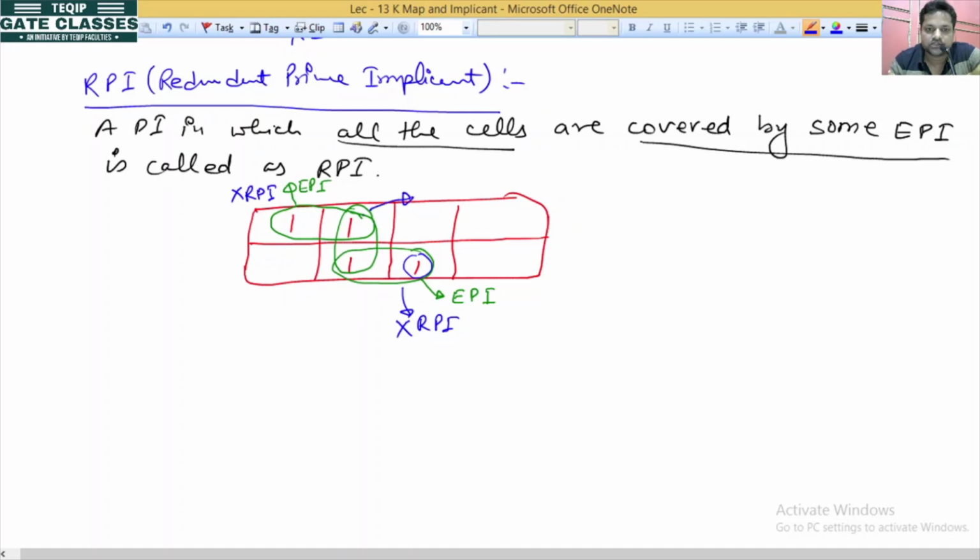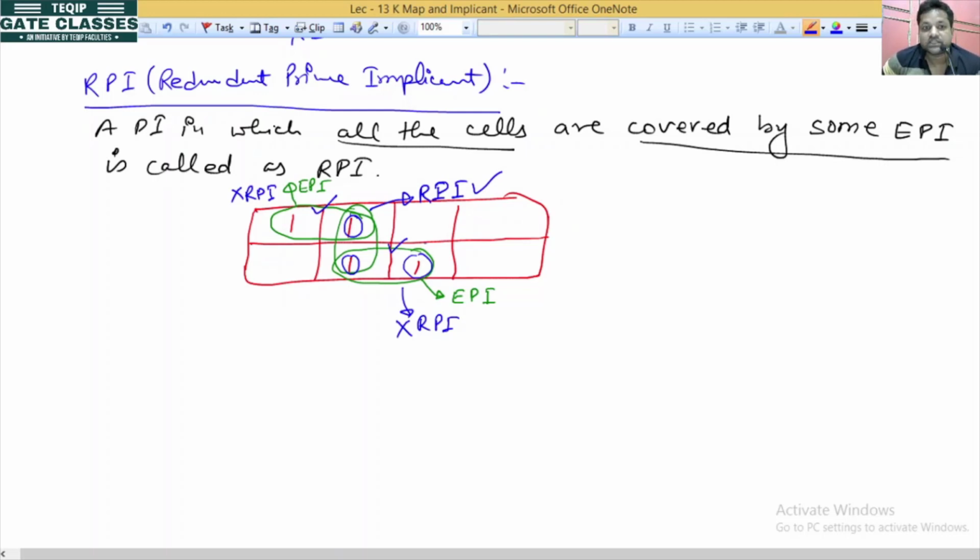But this PI is covered by some EPI. This one is covered by this EPI, and this one is covered by this EPI. So this PI is called an RPI.